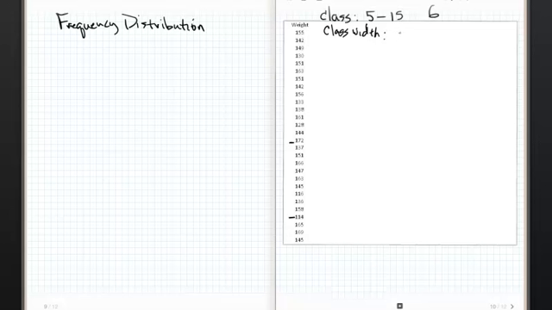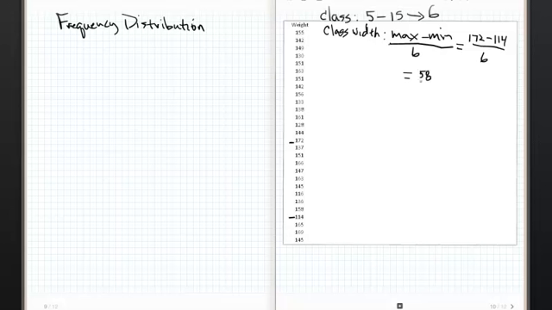Okay? So the way that you determine the class width is you simply take the max data value minus the min data value, and you divide it by, in this case, the number of classes, which is 6. So my max is 172, my min is 114, and the difference is 58.